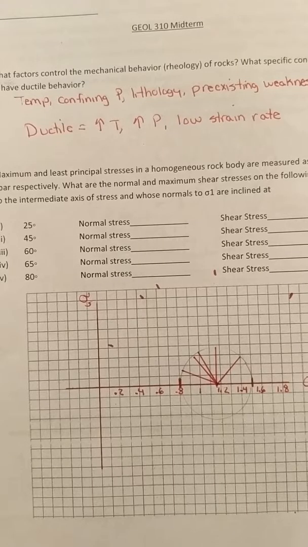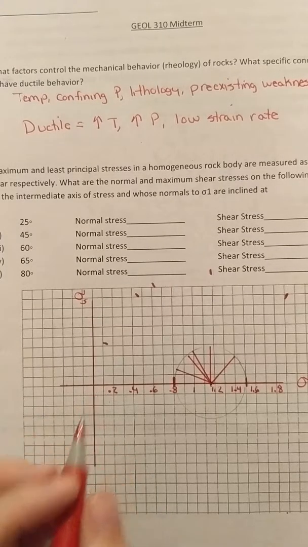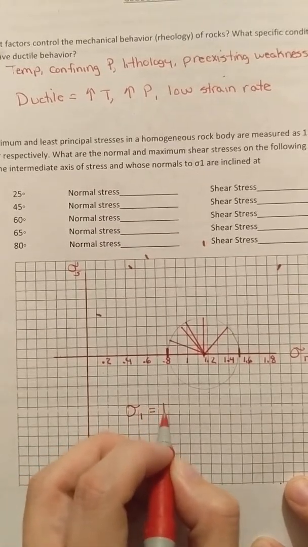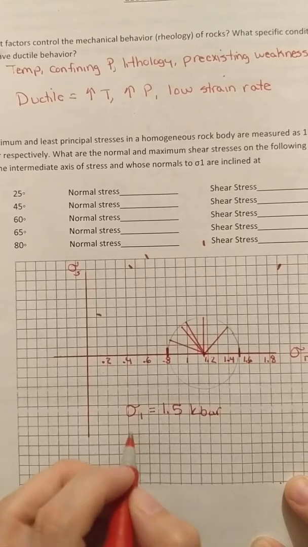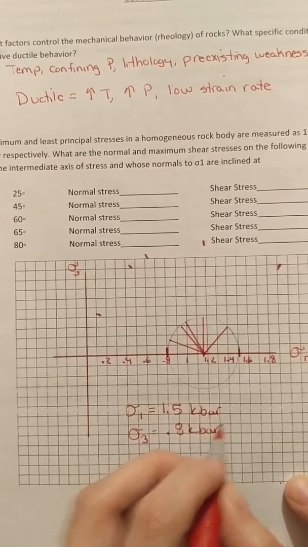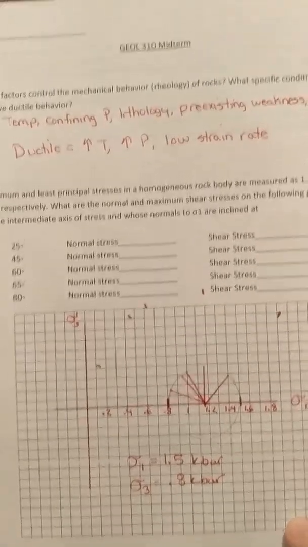Now you can graphically calculate this out, or you can enter it in on the equations here. Remember our sigma 1 is 1.5 kilobar. Our sigma 3 is 0.8 kilobar. And you can plug it into those equations and get your appropriate answers.